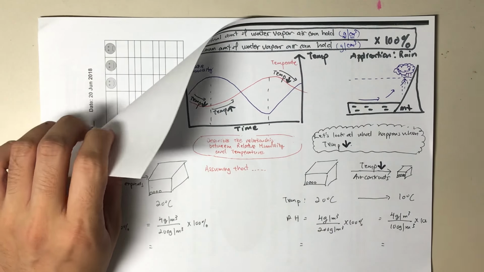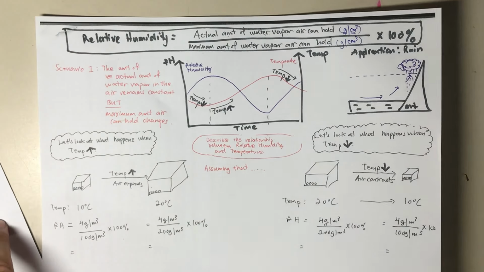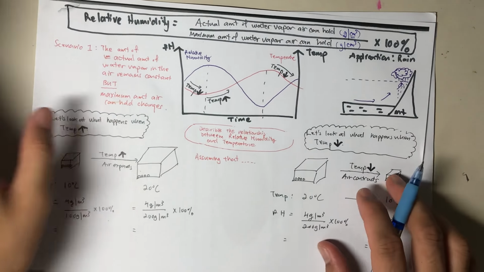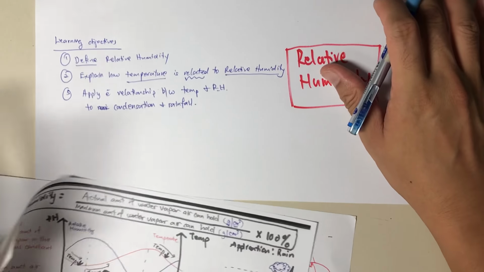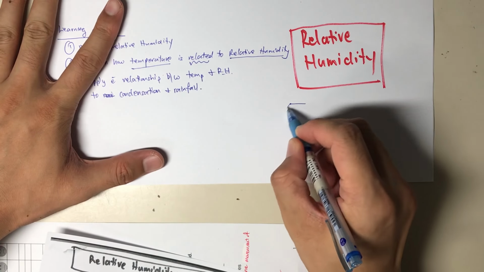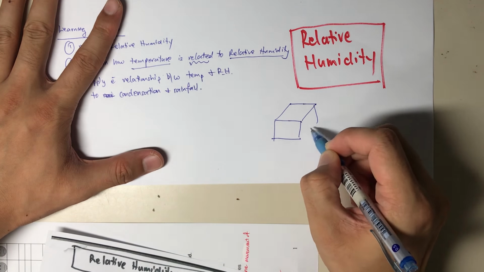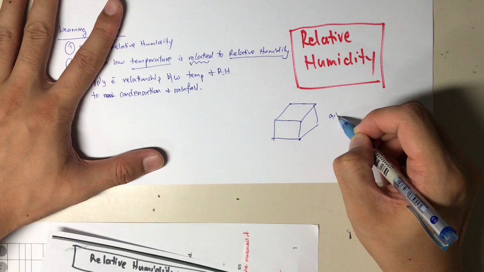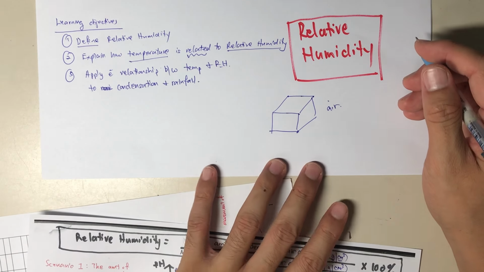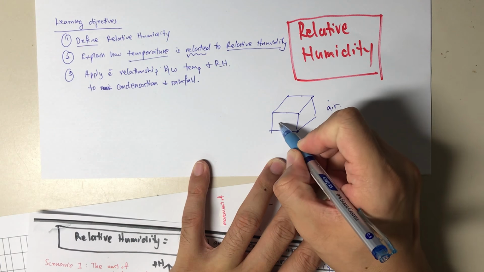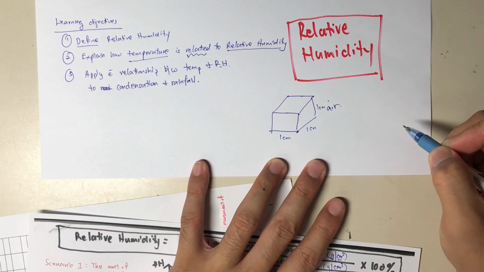Let's look at a diagram that will help us better understand this. Let's take this volume of air for example. This box represents air, and basically there is water vapor in the air. Let's say this is 1 cm by 1 cm by 1 cm.